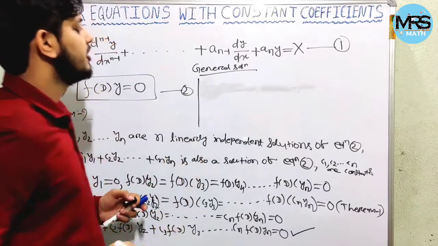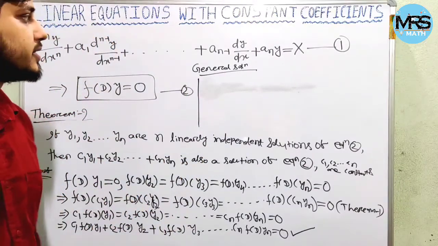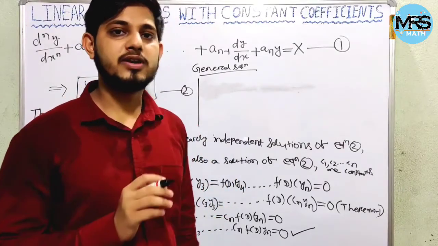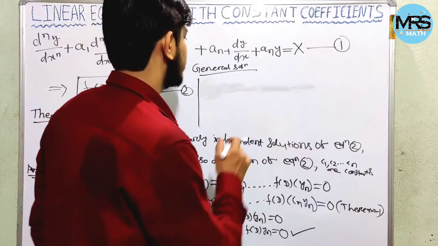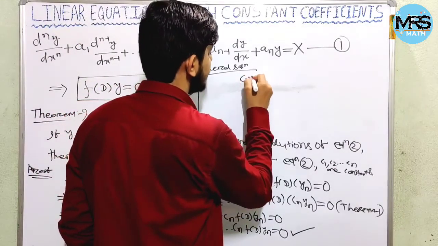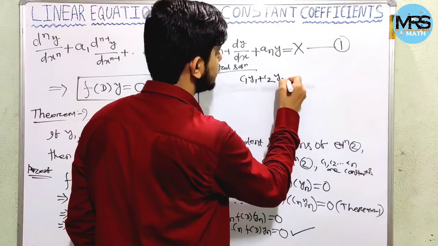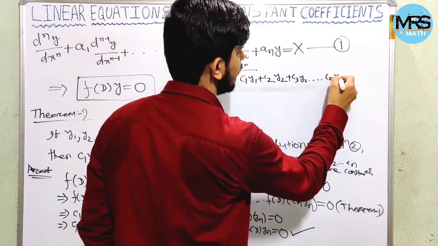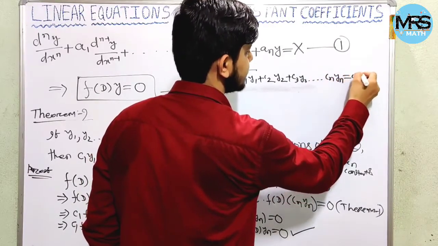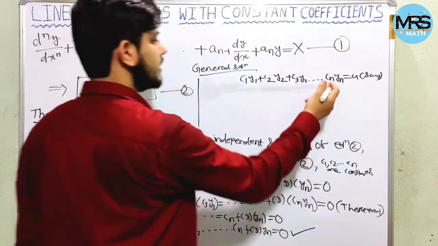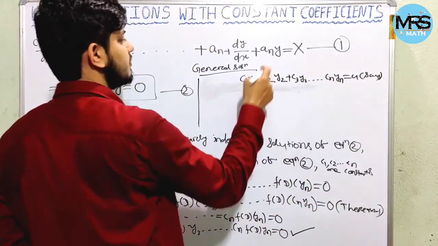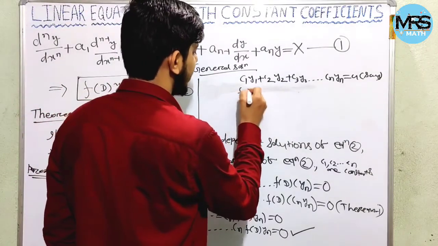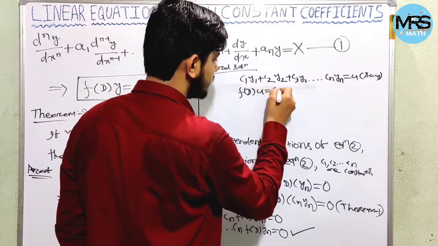If we are considering an nth order differential equation, then we are getting n linearly independent solutions, so that c1 y1 plus c2 y2 plus c3 y3 up to cn yn, let us say this is u, is also a solution of the differential equation. So we can write f d of u equal to 0.